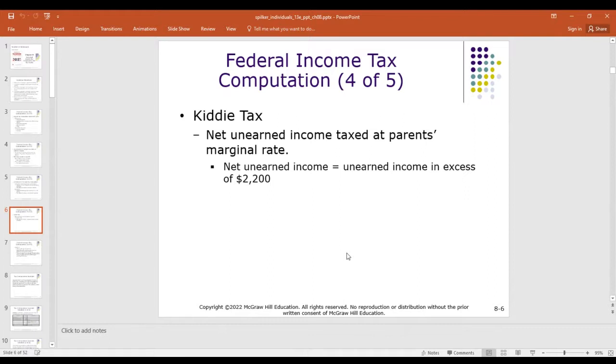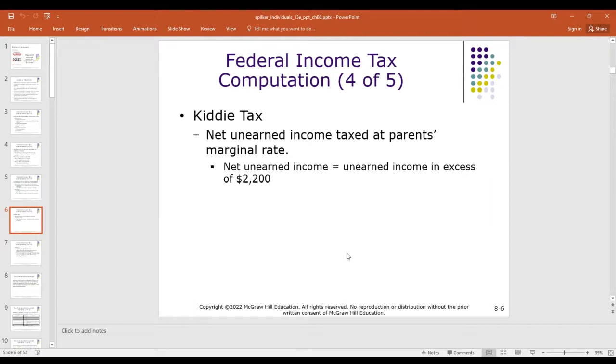It's called the kiddie tax. Now, this tax has been around for a long time, and it's meant to tax parents who move assets into their children's names with the hope that their income from the asset will be taxed at a lower rate. For example, stocks, bonds, investments.